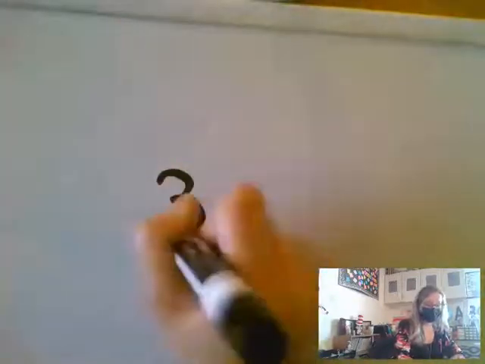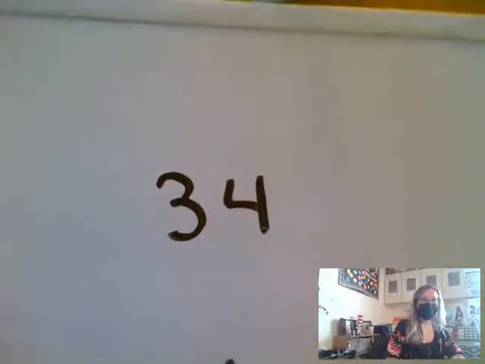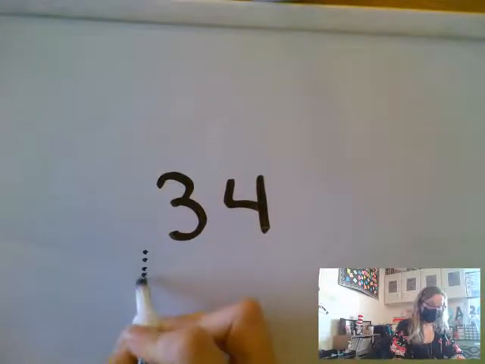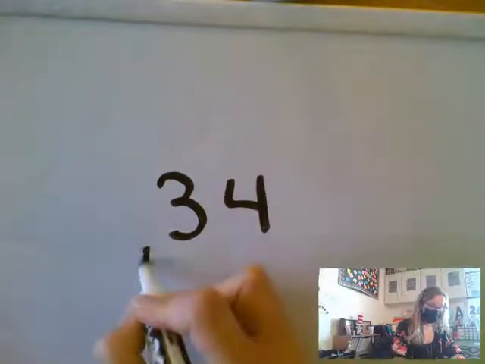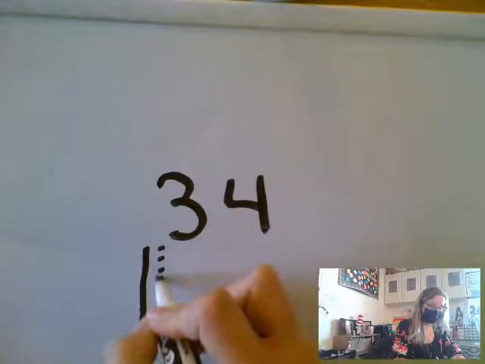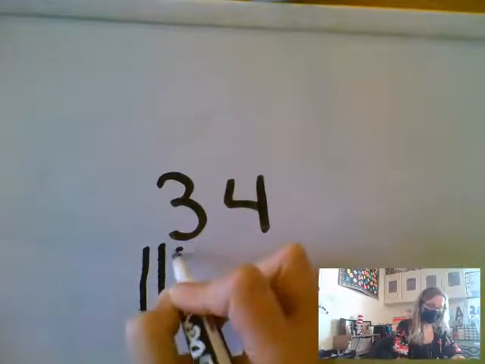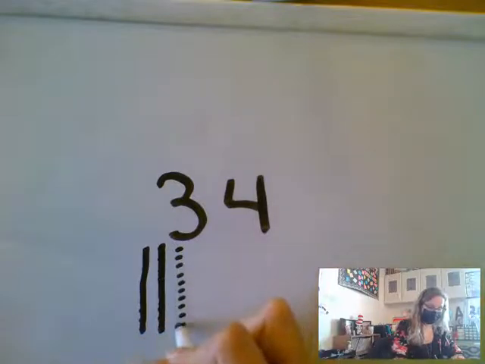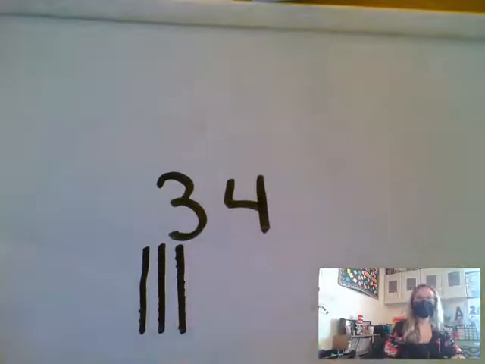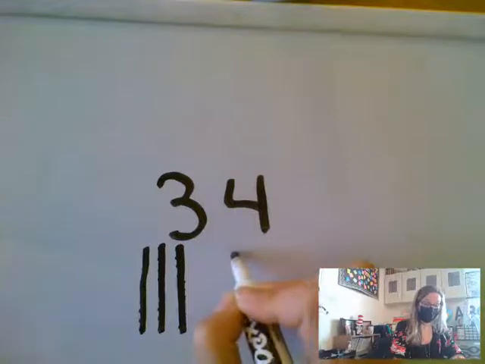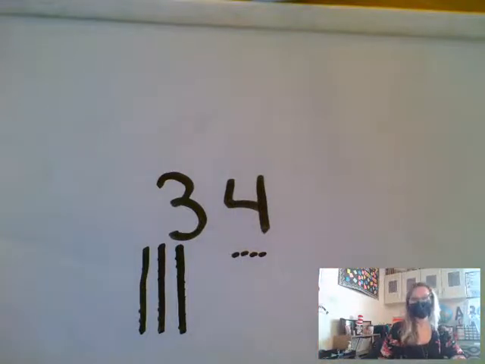So Isaac, watch. 34. That's 1, 2, 3, 4, 5, 6, 7, 8, 9, 10. That's 1 ten. 1, 2, 3, 4, 5, 6, 7, 8, 9, 10. 2 tens. 1, 2, 3, 4, 5, 6, 7, 8, 9, 10. 3 tens, right? And then 1, 2, 3, 4 ones. Do you agree?